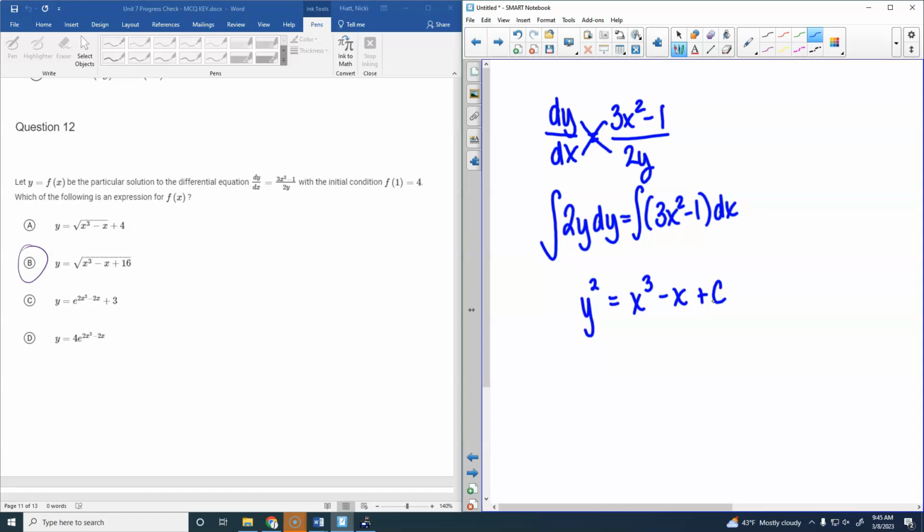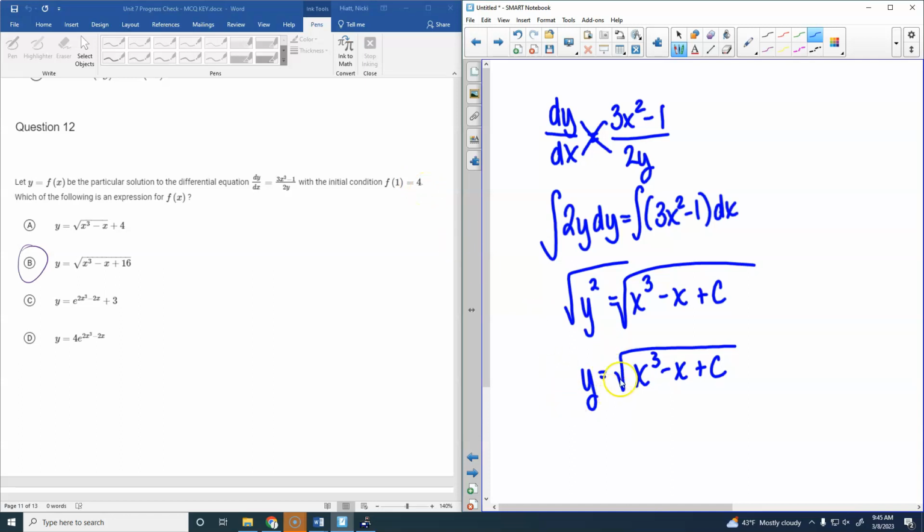You could square root both sides to solve that for y. When you square root both sides, technically there should be a plus or minus right there. But if I look at my point that I'm going to plug in, f of 1 is supposed to be positive 4.